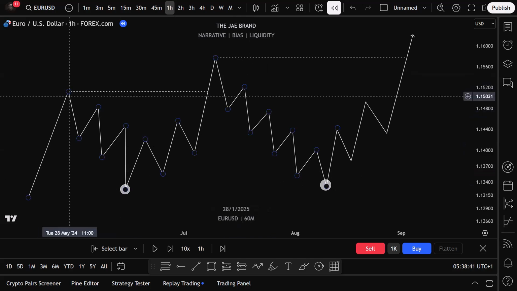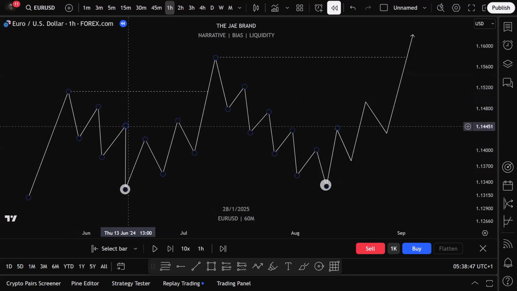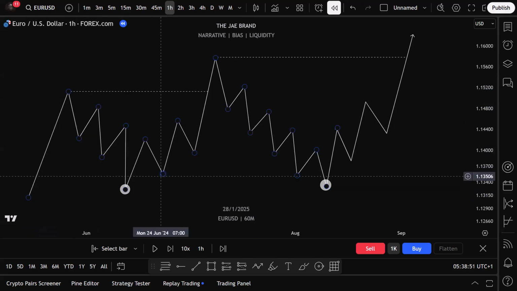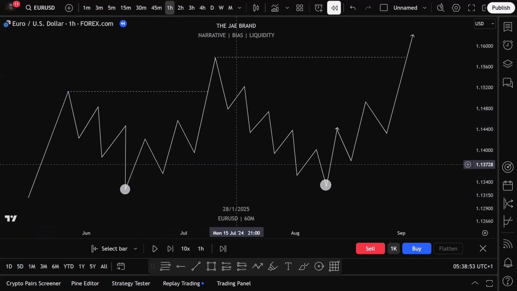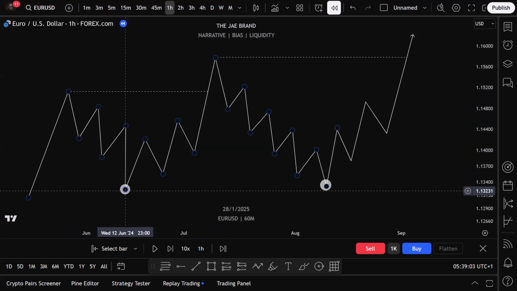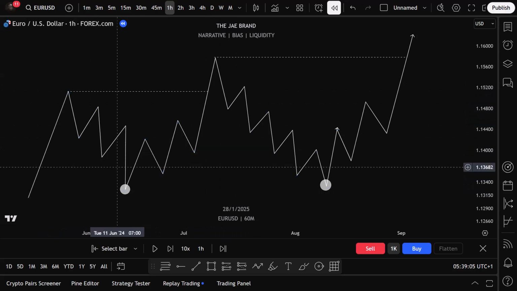Okay, we have this lower low, lower high, lower low, lower high, and then price gets to this demand area and then takes it up again. That is why it is important for you to understand structure from the higher time frame, because the lower time frame delivers price to the higher time frame.